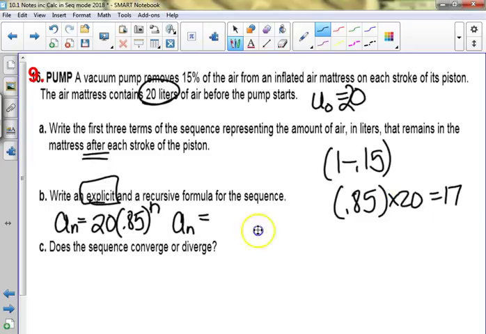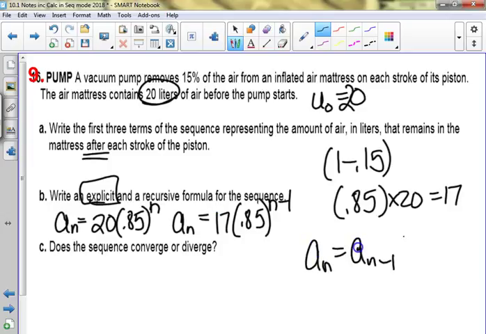It actually starts with 17 as the first term. So you could say it's 17 times 0.85 to the n minus 1. If it is recursive, you would say the first term is the previous term times 0.85, where the zero term is 20 or the first term is 17.